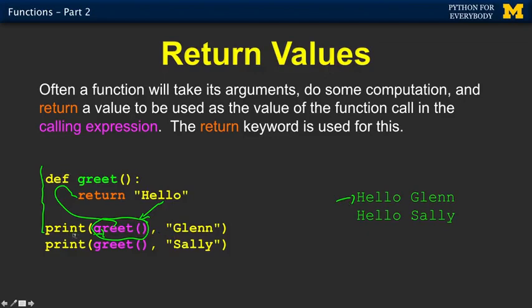And then it goes on to the next line, it runs greet again. Comes in here, and so now hello becomes this residual value. Now it's not very clever, but you get the idea. This residual value, it's like hello Sally, so it prints out hello Sally.